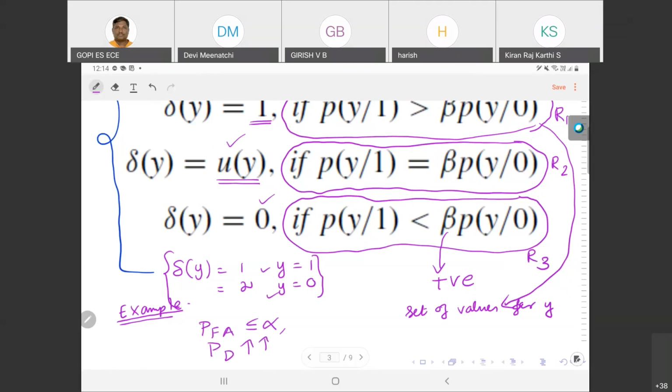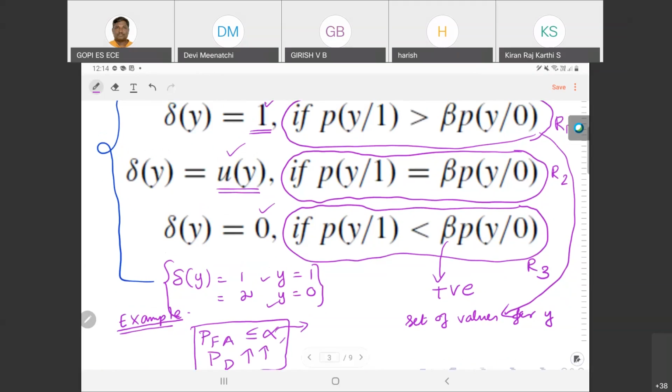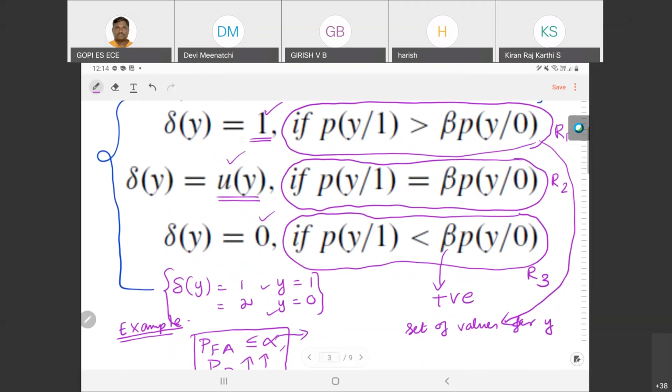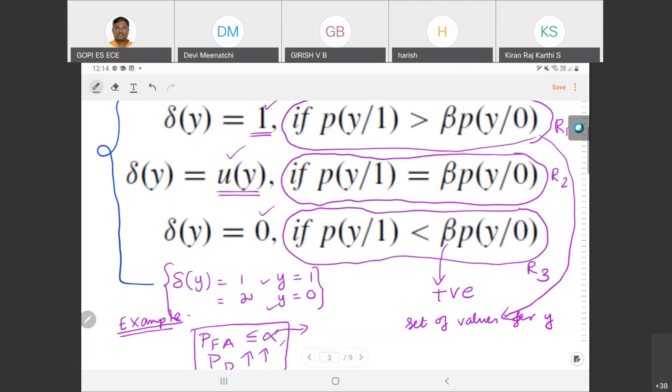So that is the goal. That is the optimization problem structured for the Neyman-Pearson case. And this alpha is what we call the size of the problem. The Neyman-Pearson solution follows the randomized decision rule of this form, what I have written here.